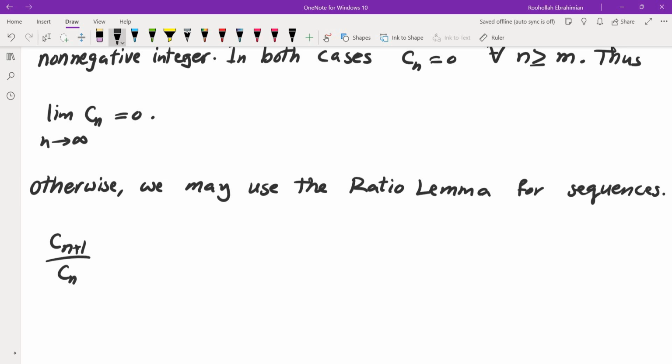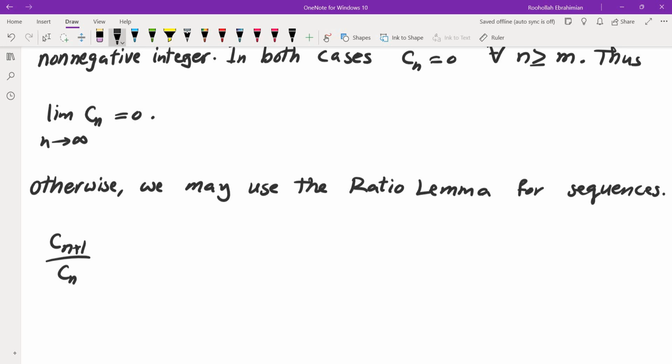And just to remind you, the ratio lemma for sequences told us that if the absolute value of Cn+1 over Cn approaches something less than 1, then Cn approaches 0. And if it approaches something more than 1, then Cn would be unbounded and therefore divergent. And it also told us that if Cn+1 over Cn approaches 1, then the test is inconclusive.